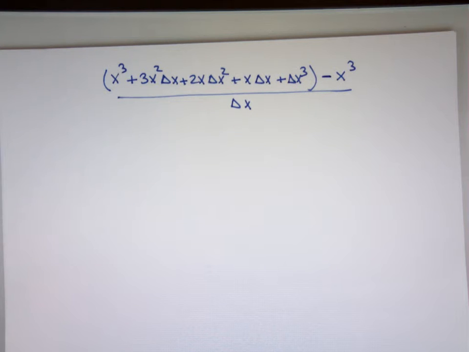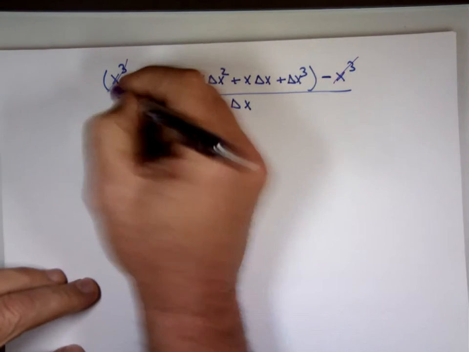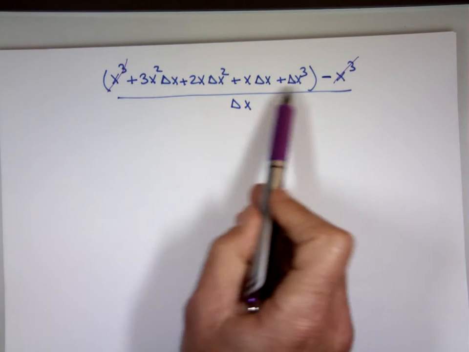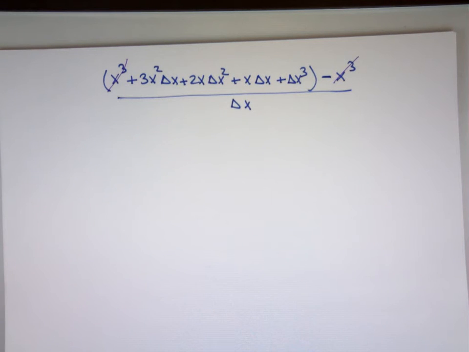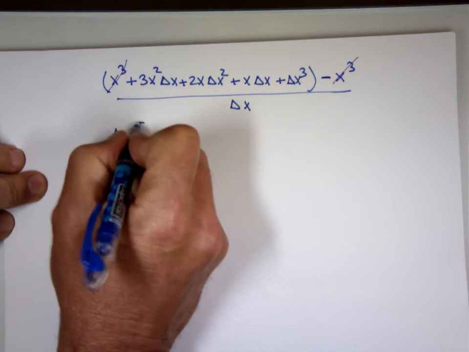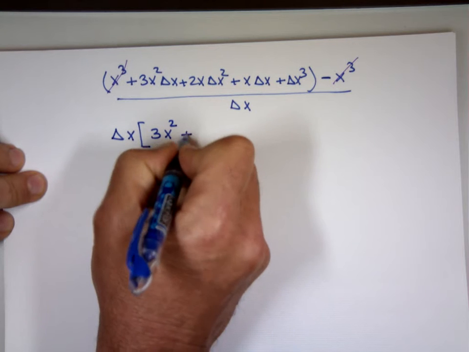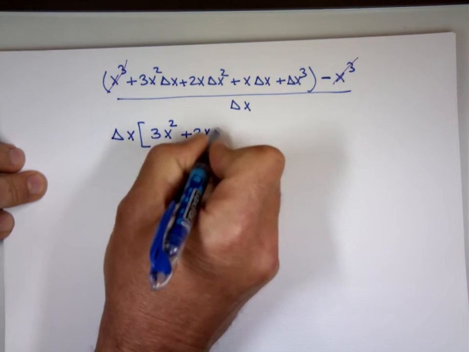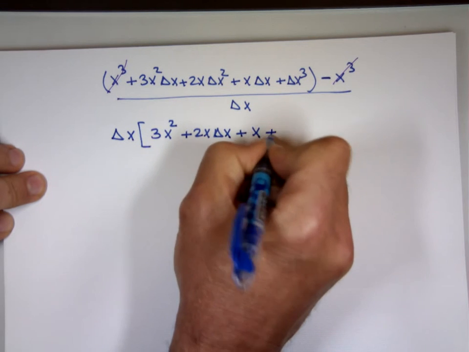Notice that x cubed will cancel the x cubed. And every one of these has what in it? Delta x, right? So if I factor out delta x, what's left in it? 3x squared plus 2x delta x plus x plus delta x, what?